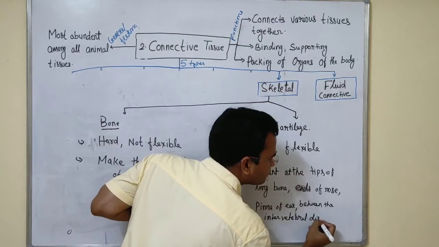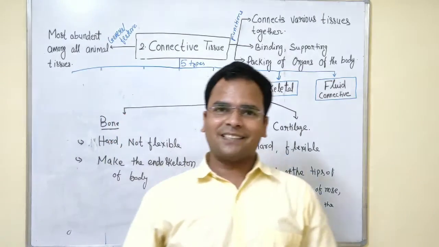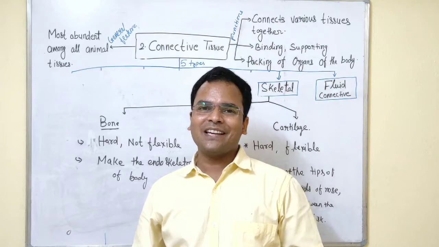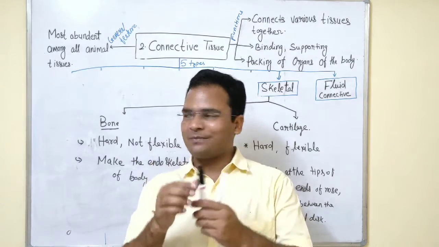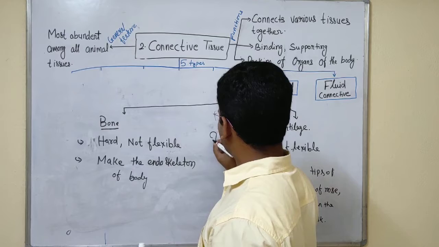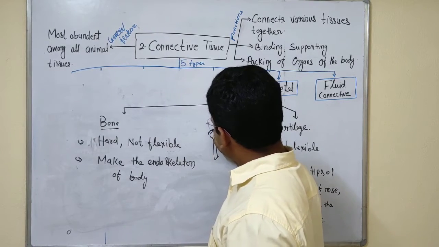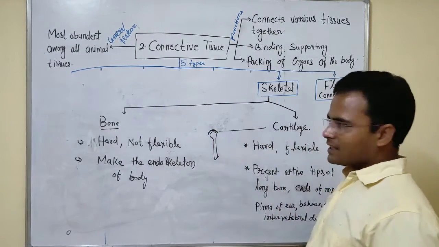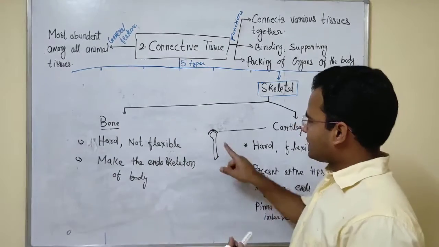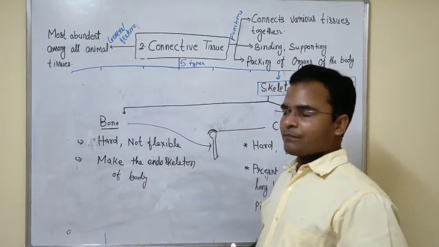If you are non-vegetarian and eating the leg piece of the chicken, you can notice at the end of the leg piece a soft white colored bone. That is the cartilage, and this is the hard one, the bone, right?